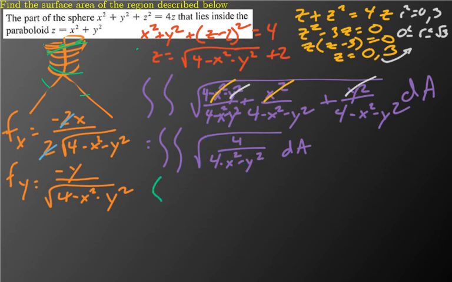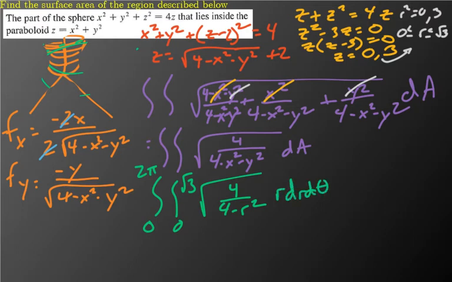So you should be able to now go and substitute those things in for polar here. If I convert this thing to polar, 0 to 2 pi, 0 to root 3, then square root of 4 minus r squared, because minus x squared minus y squared. And don't forget you got an extra r there, r dr d theta. And then now you can finally do an integral.